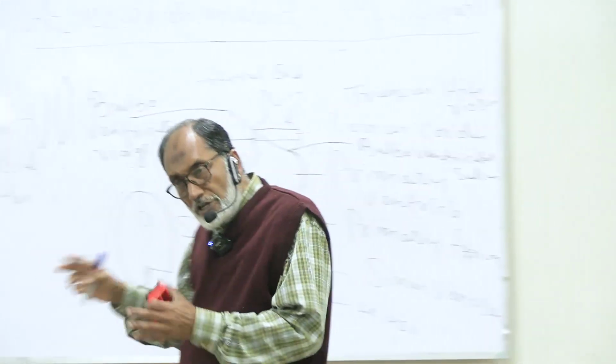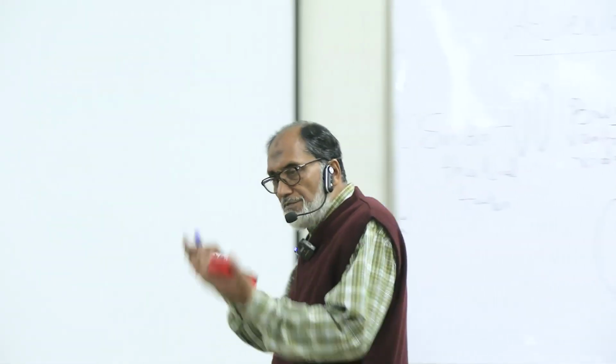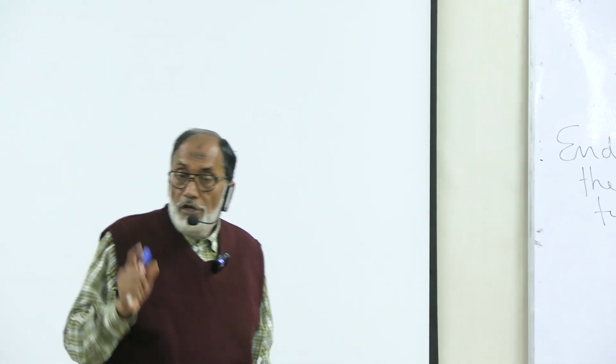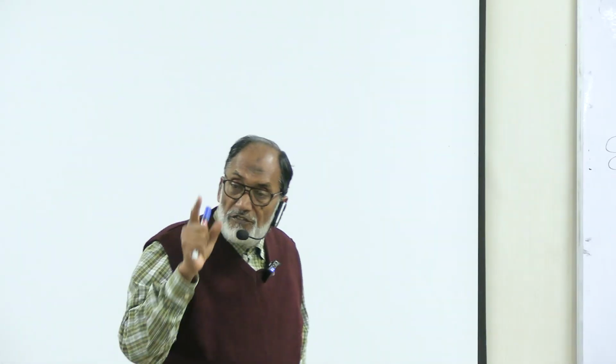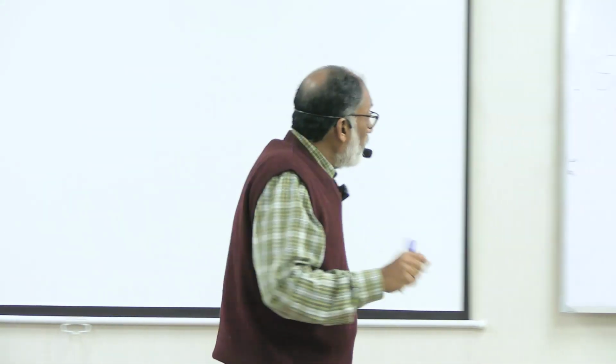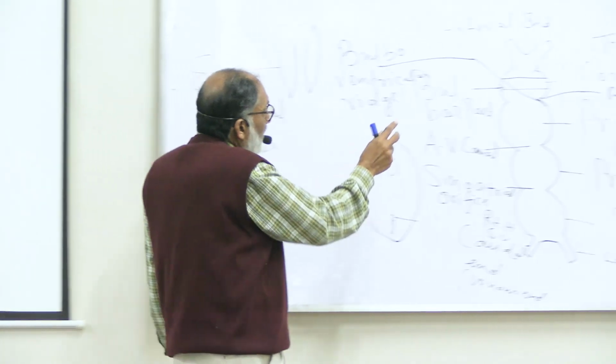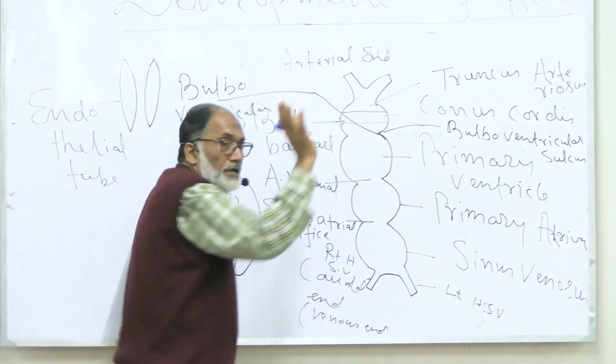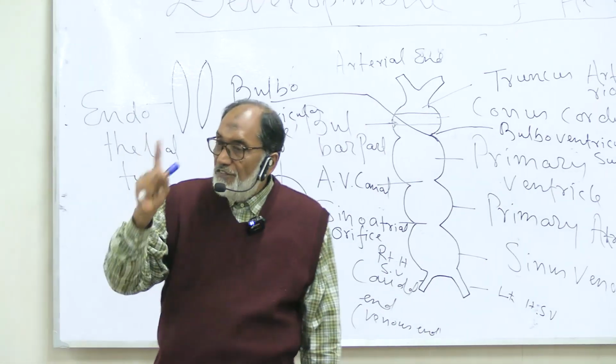Within the ventricle you will get a rough part because of the ridges. Now, from the primary ventricle, the rough part of the left ventricle will develop. You will remember.